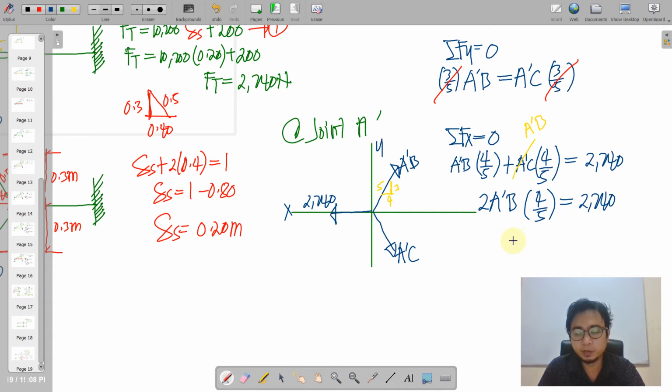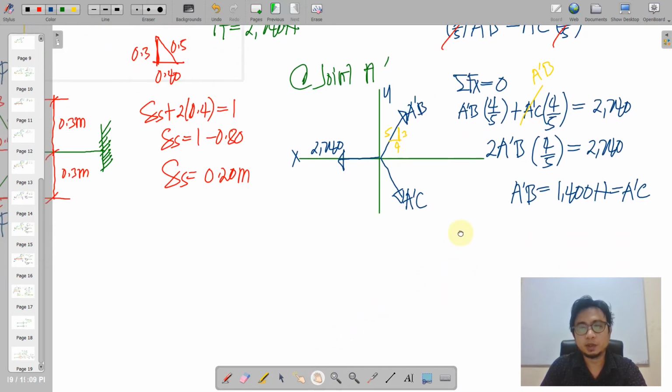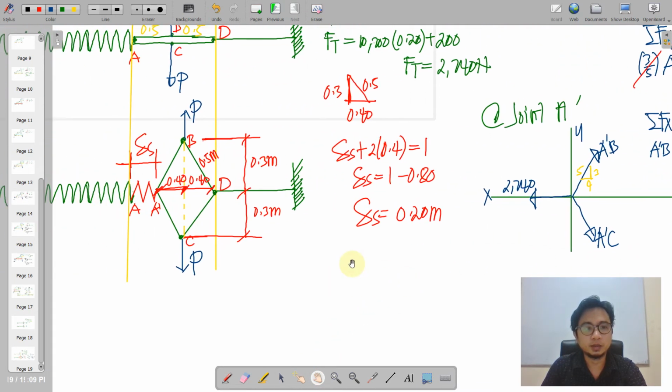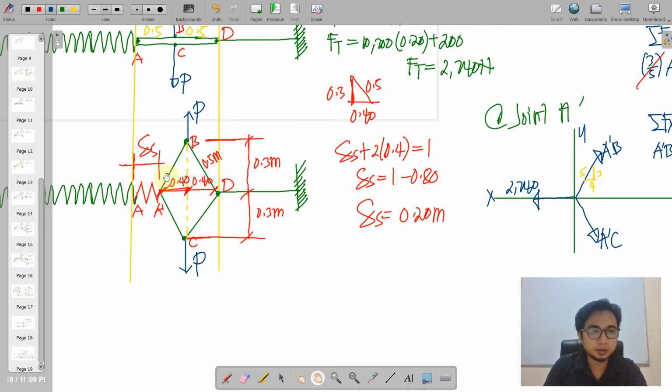Okay, so A prime B would be equal to 1,400 Newton. Okay, so this is also equal to A prime C. As we have said, A prime B is equal to A prime C. So what about this 1,400? We have already determined this. That is actually the 1,400.